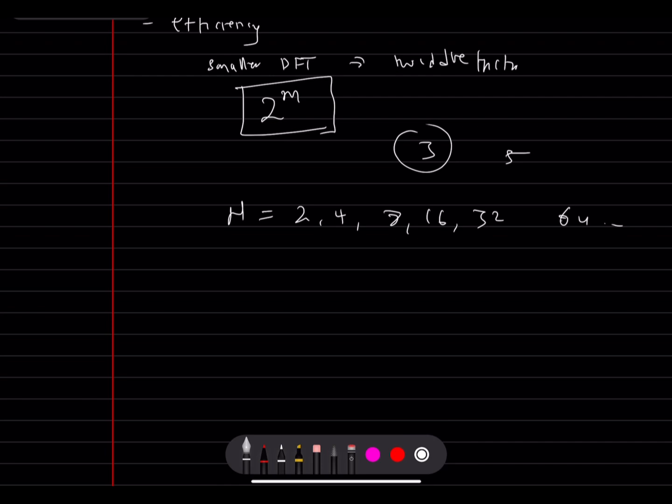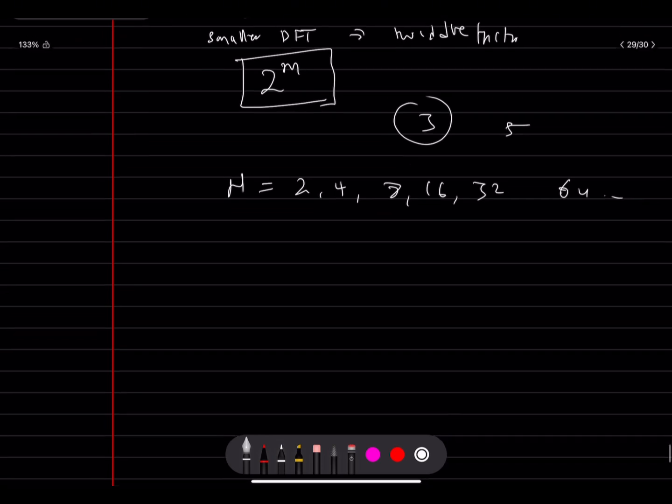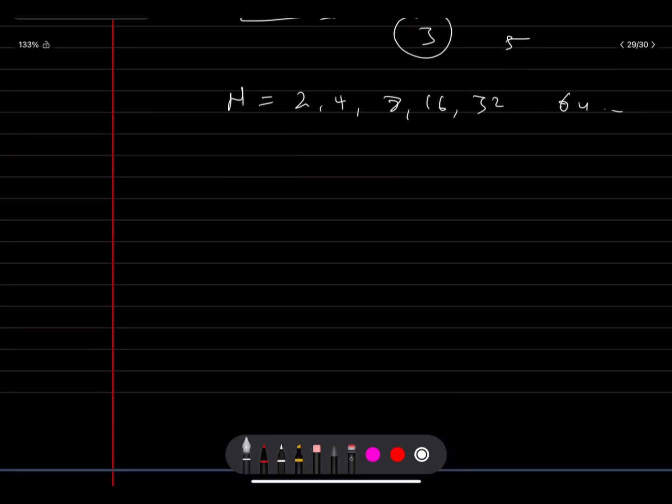Yes. So that's it. And one thing that I also want you to understand is that the number of complex multiplications in the DFT is basically N squared, right?